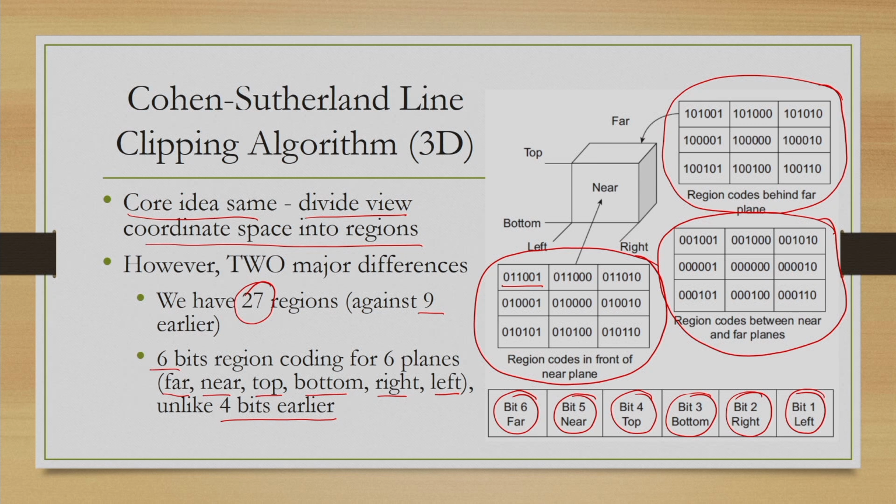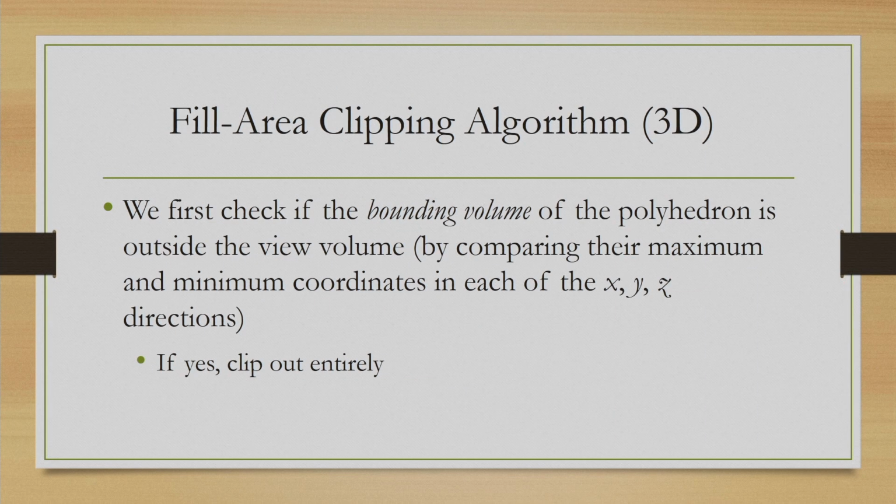The idea remains the same as in 2D, only the size changes because we are now dealing with 3D. The other steps remain the same. Now, let us try to understand the extension of the algorithms for fill area clipping.